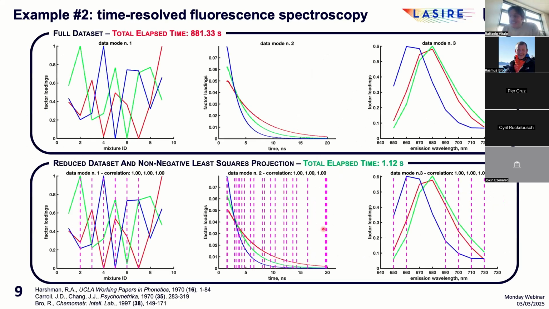As one can easily see here, all the 3 component mode loadings profiles retrieved from the subset of essential data only are basically virtually indistinguishable with respect to the ones resulting from full-size measurements.